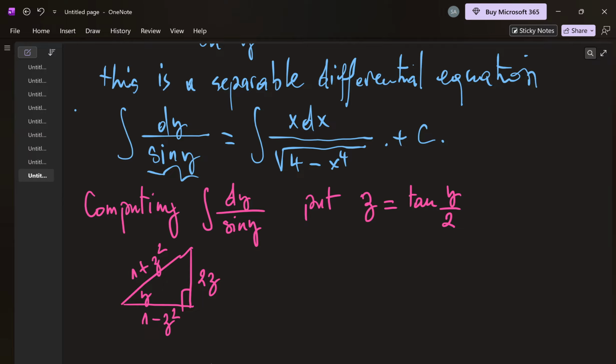And by the triangular relationship between the sine and cosine, sine of y is equal to this part over this part. So it is 2z over 1 plus z squared.